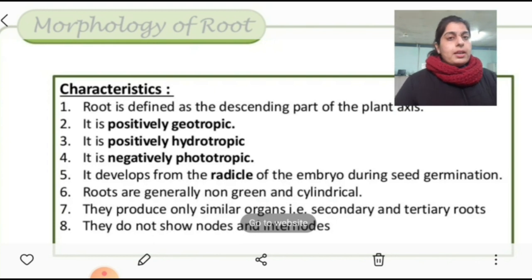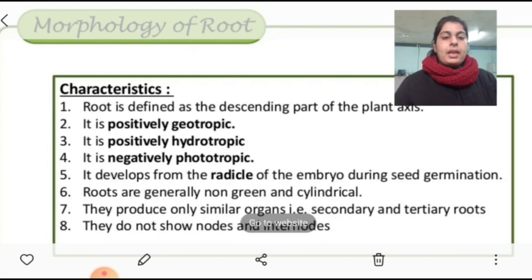The root is a part of the plant which grows inside the soil, and roots are positively geotropic. Geotropic means it grows towards the earth. It is positively hydrotropic. Hydrotropic means a root attracts water and minerals from the soil and transfers them to various parts of the plant with the help of a tissue known as xylem.